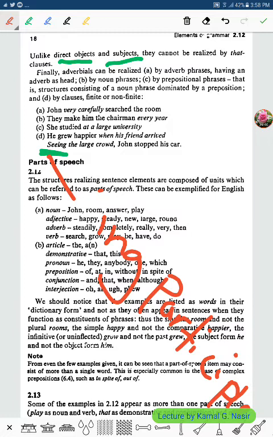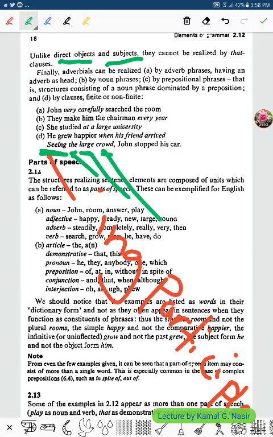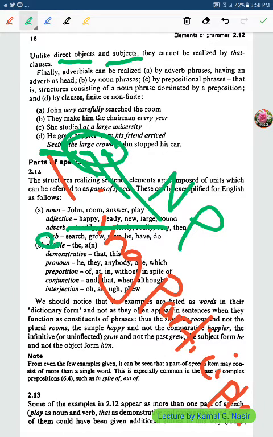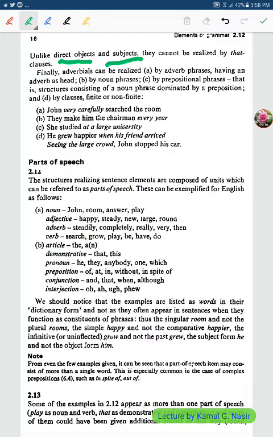Seeing the large crowd. The is a definite article. Large is an adjective. Crowd is a noun. The large crowd is a noun phrase, made of an article, an adjective and a noun.